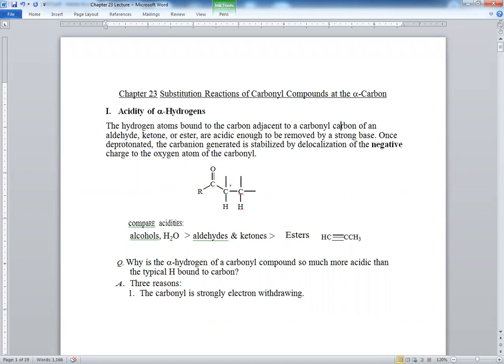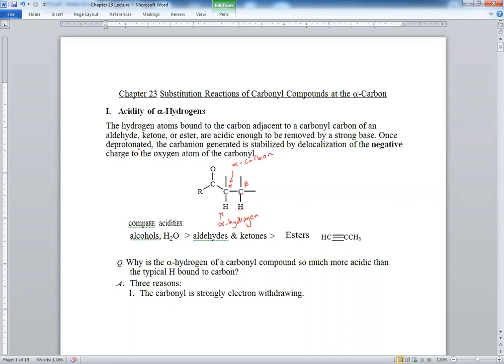Here's our alpha carbon, and this is, of course, also the alpha hydrogen. That's called the alpha carbon. The next one is called the beta carbon, and of course, a beta hydrogen.